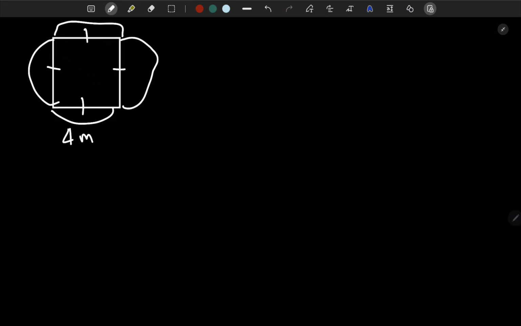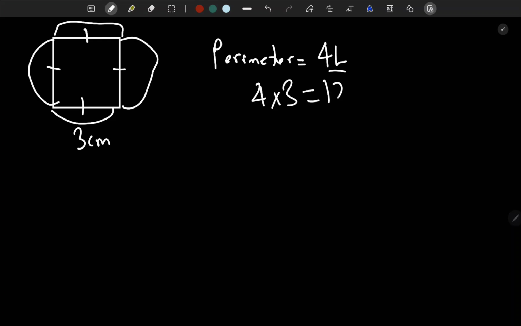So here, the formula for perimeter is 2 length plus 2 width, or for a square you can say it's 4 length, since all the lengths are the same. So let's say this is 3 centimeters, we would just do 4 multiplied by the length, which is one of the sides, which is 3 in our case, which will be 12.